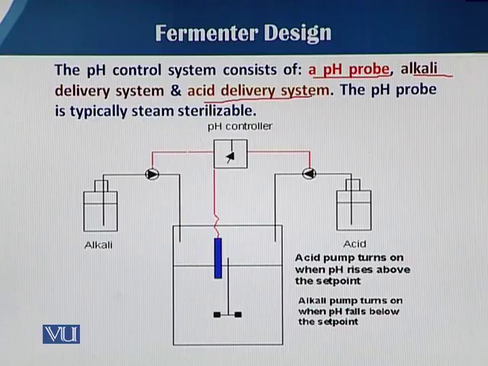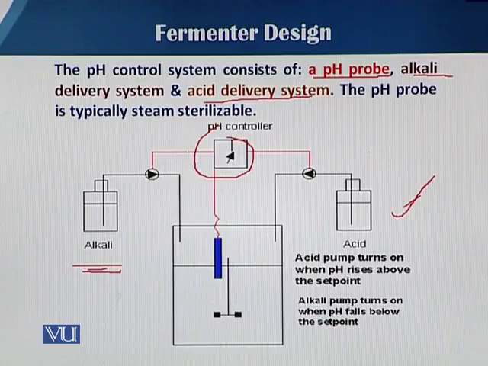The pH probe senses the actual pH inside the fermenter, and then sends a signal to either pump 1 or pump 2. Pump 1 is attached to the alkali and pump 2 is attached to the acid. So there is an alkali delivery system and an acid delivery system. In this diagram you can see that on the left side there is the alkali, and on this side is the acid, and here is the pH controller, and this one is a pH probe.